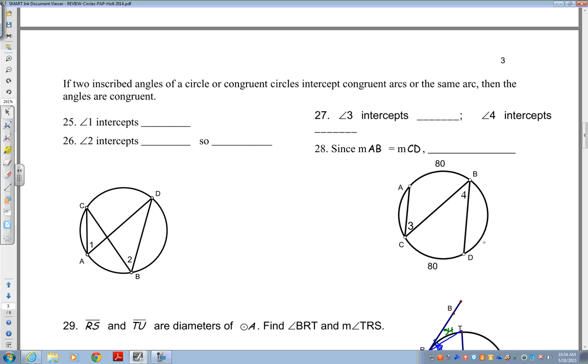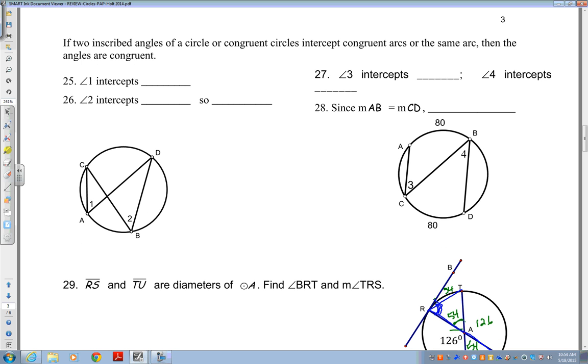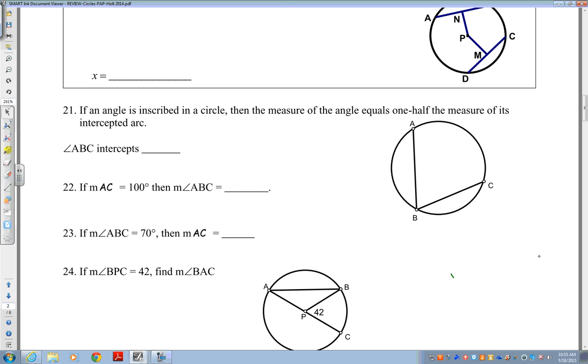So if this is angle one, CAD, right? What arc is inside of that angle? Two intercepts also CD. So angle one is equal to angle two. Yes, you're right. Okay.